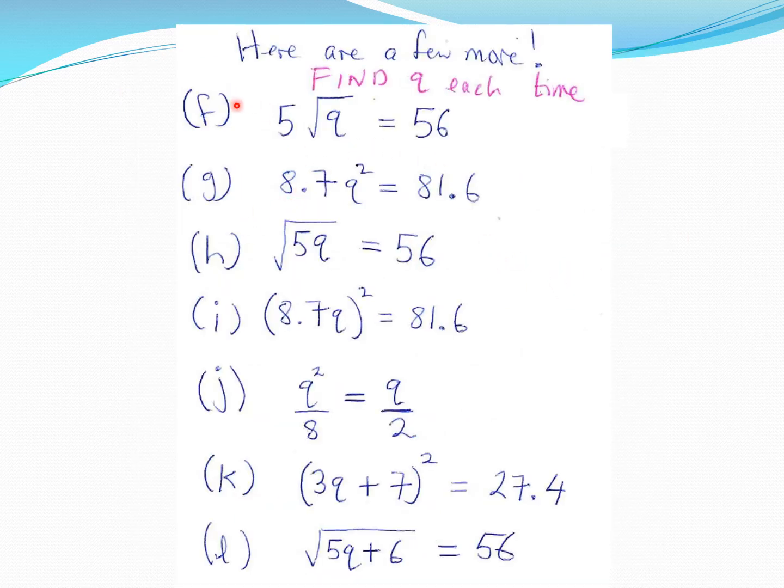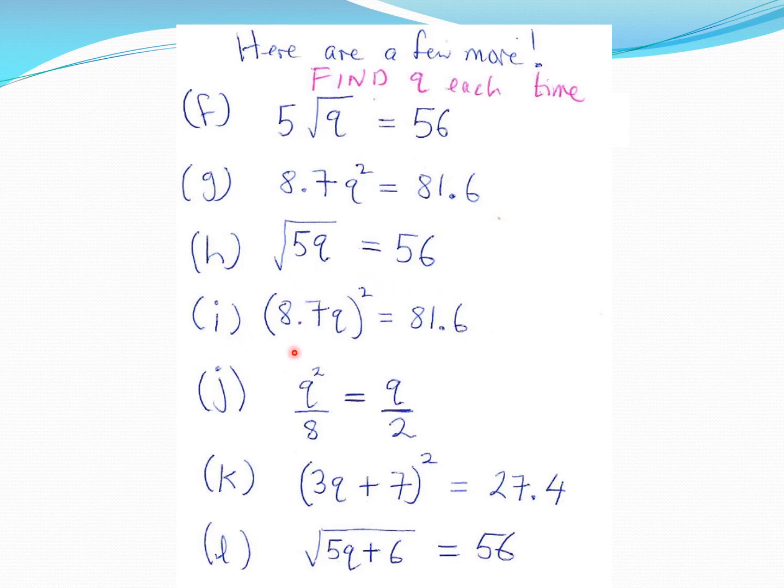Here's a few more examples. You might like to pause the video and have a go at doing the parts from F down to part L. So in F we have 5 times the square root of Q is equal to 56. Part G, 8.7 times Q squared equals 81.6. Part H, square root of 5Q equals 56.